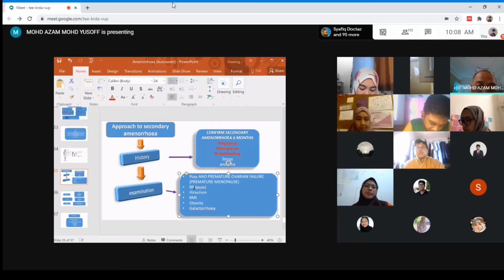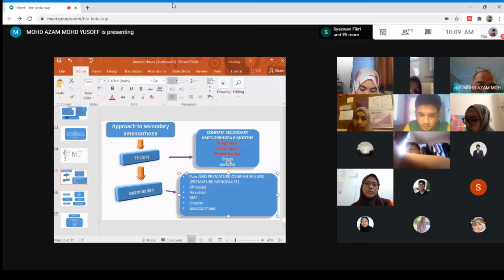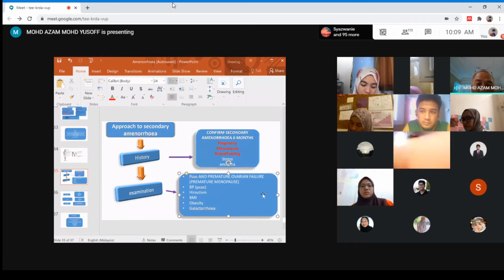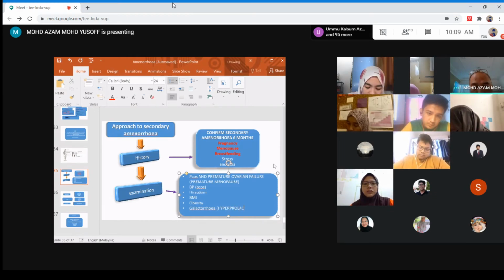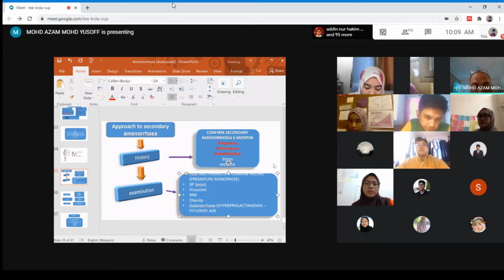So in PCOS there is a high incidence of hypertension. You have to look at hirsutism, BMI and obesity, and you have to look at galactorrhea. Galactorrhea is associated with hyperprolactinemia, which is a pituitary adenoma. Quite common.